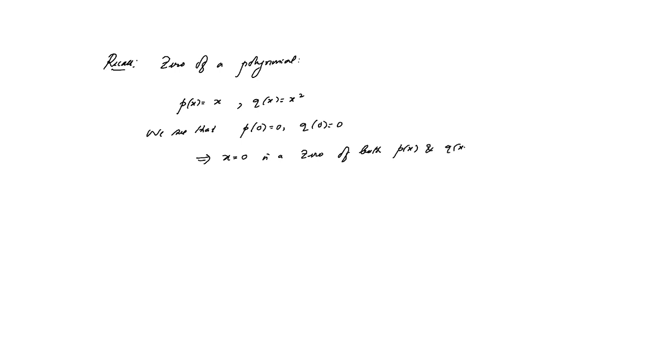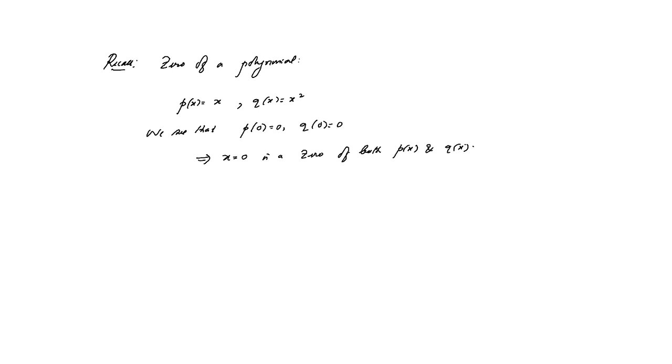If we take two polynomials p(x) equals x and q(x) equals x square, in both cases we see that p of 0 equals 0 and q of 0 is also 0. That means x equals 0 is a zero of both the polynomial p(x) and the polynomial q(x).